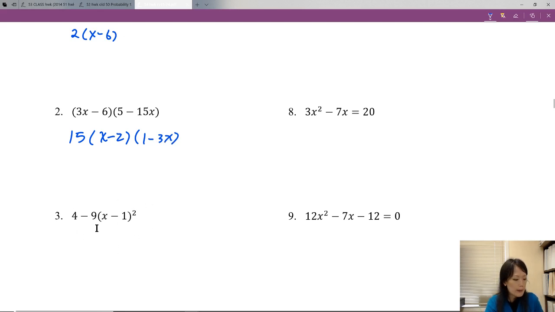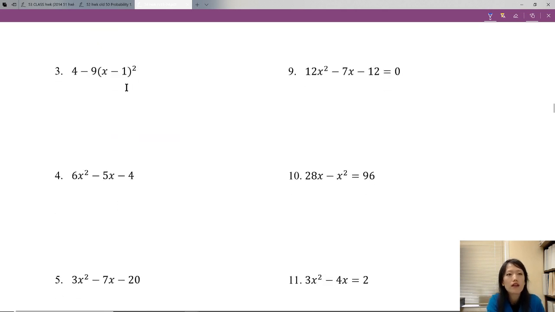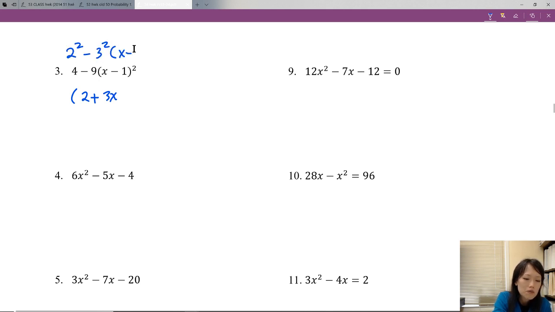Number 3. What's the best way to do number 3? Kind of like difference of squares. So you'll get 2 plus 3 times x plus 1. No, watch out. 3 times of what? X minus 1, not 1. There's a 3 there. It's 2 squared minus 3 squared times x minus 1, whole thing squared.